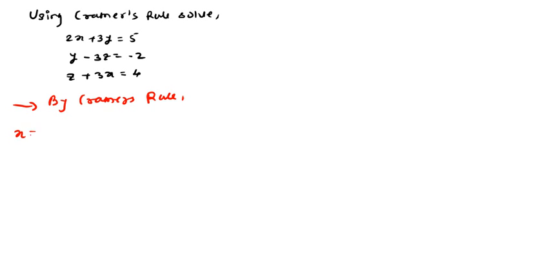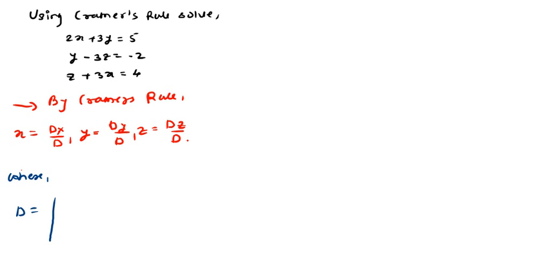So we know x is Dx by D, y is Dy by D, and z is Dz by D, where this capital D is nothing but the determinant of the coefficients of the given variables.